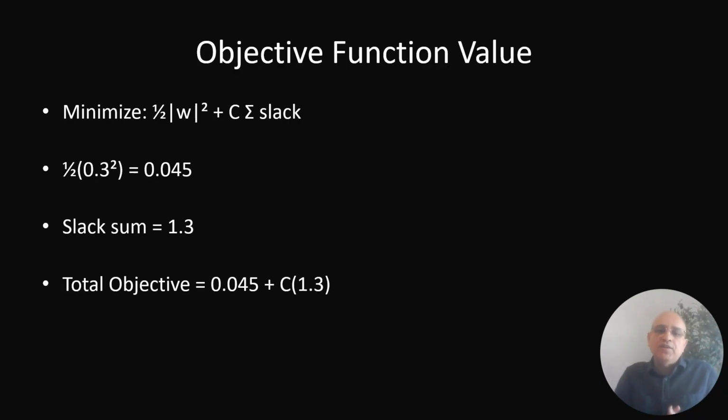For the C value, the regularization parameter, you can choose a large value, for example 50, and plug it in and find the value, right? If the value of the parameter C is large, it means the second term is more important. You're giving more weightage to the second term, the sum of the slack, compared to the first term.